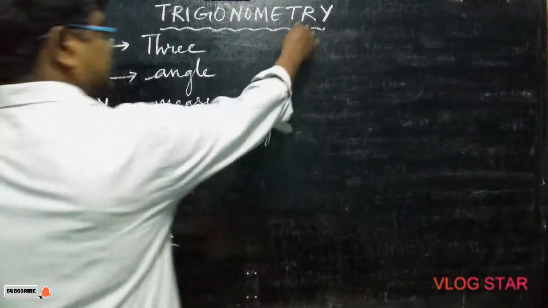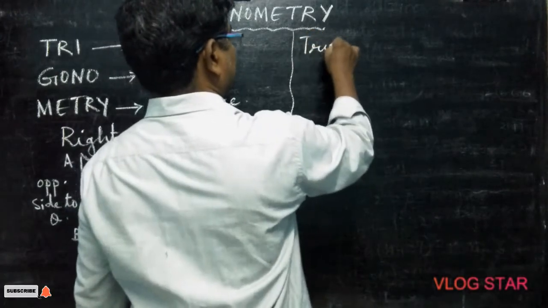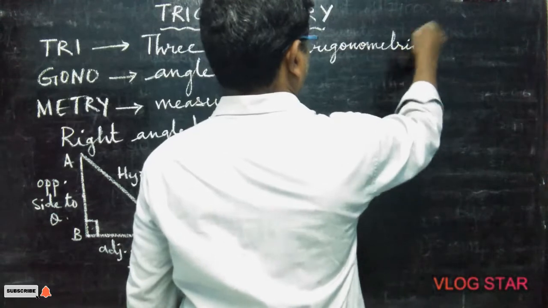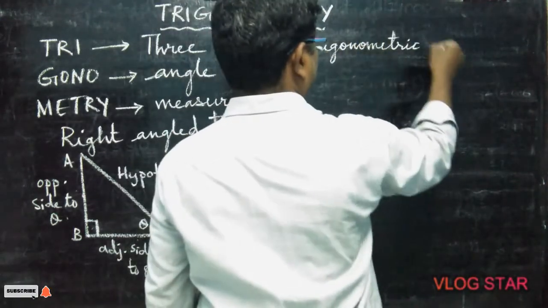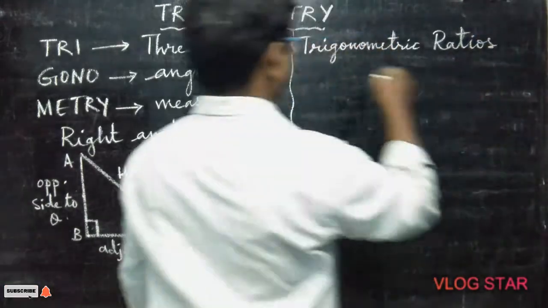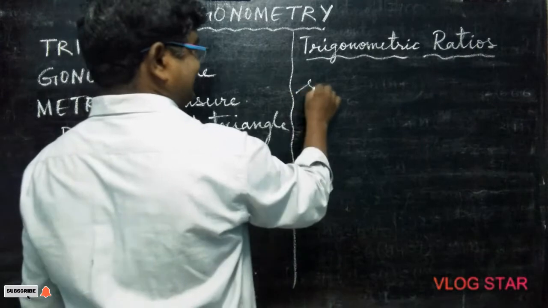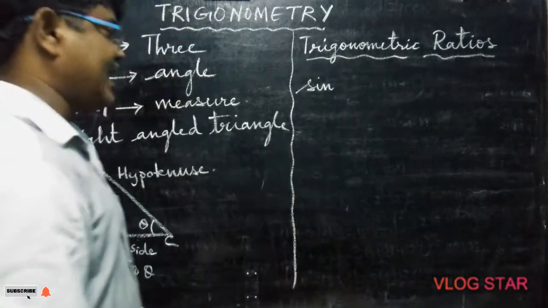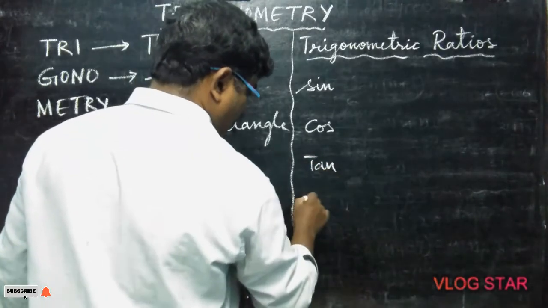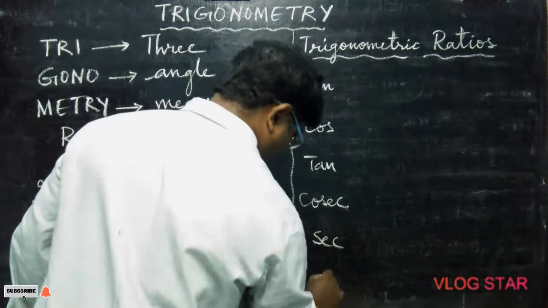Now I am going to teach you trigonometric ratios, very important. We have 6 ratios: sine, cos, tan, cosecant, secant, cot.